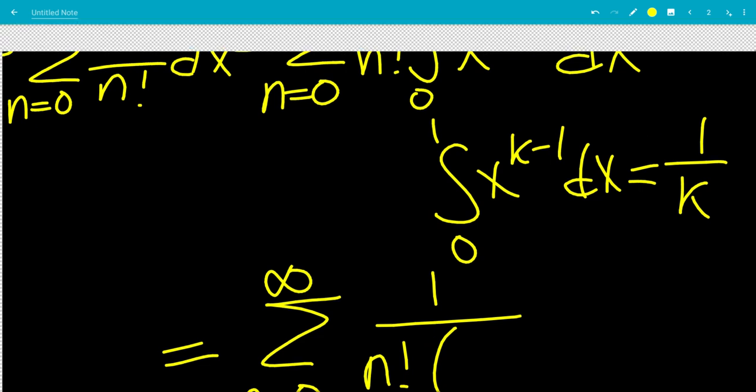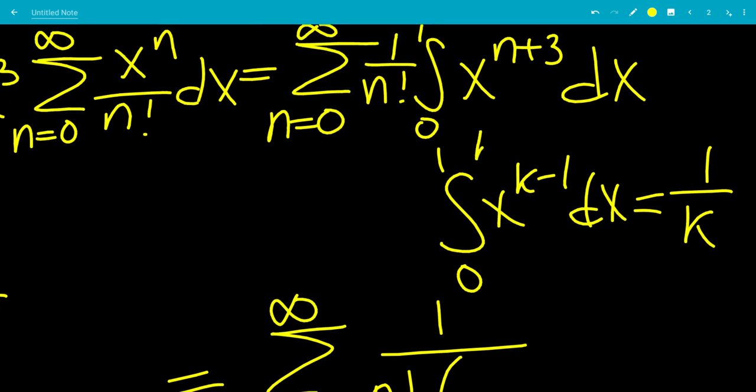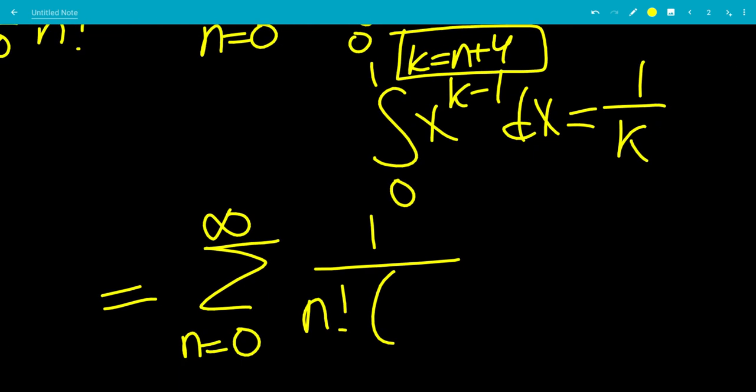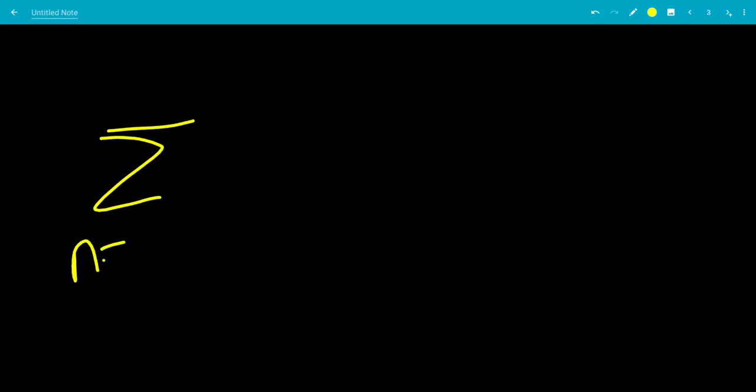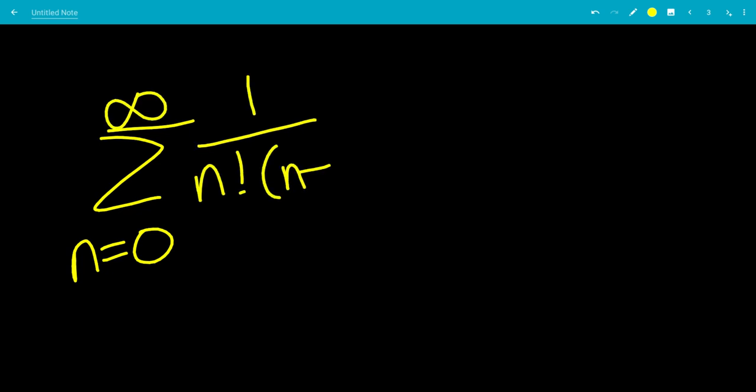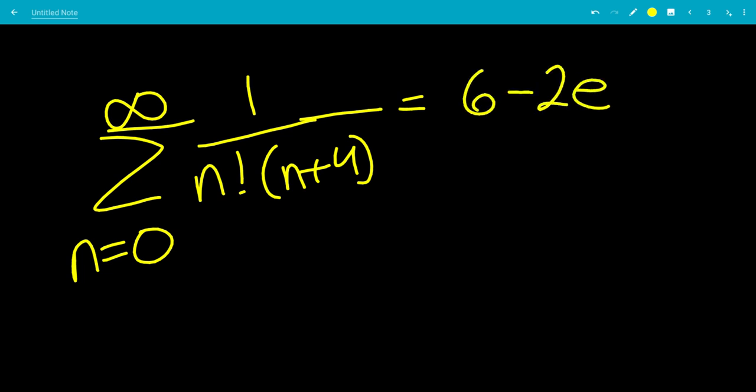We plug in k equals n plus 4, because n plus 4 minus 1 is n plus 3. So this will be n plus 4. That is the answer the second way, which means in the end, the sum from n equals 0 to infinity of 1 over n factorial times n plus 4 is equal to 6 minus 2e.